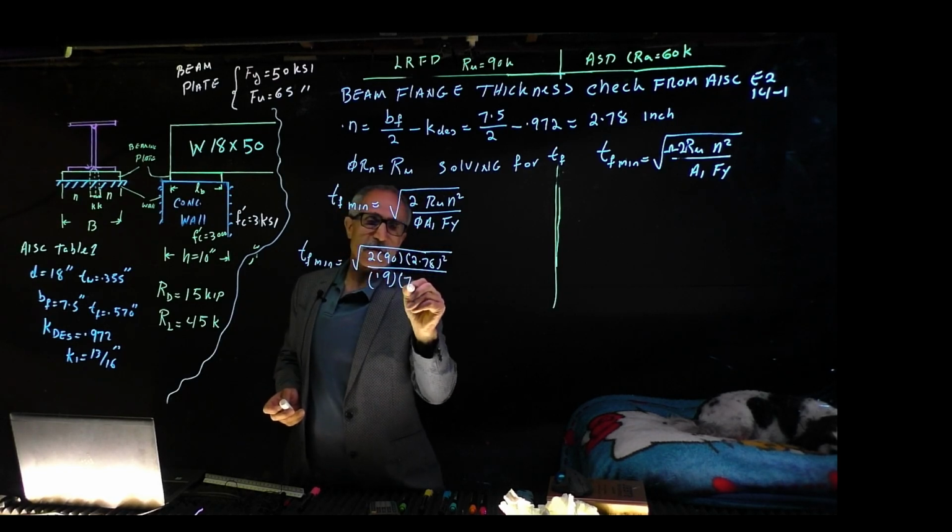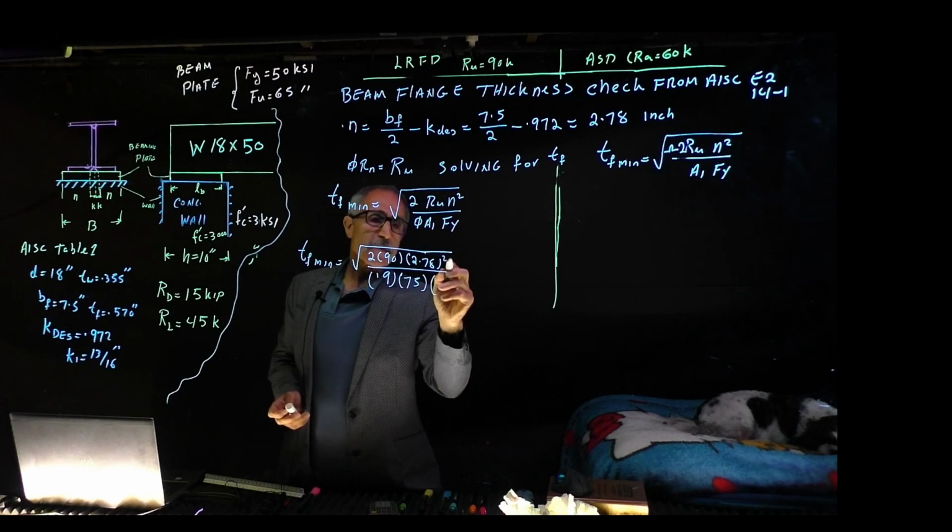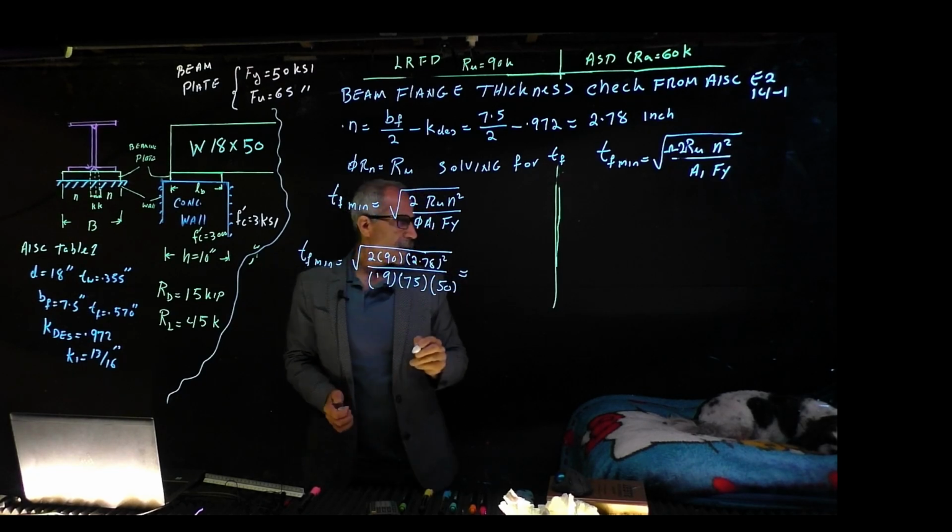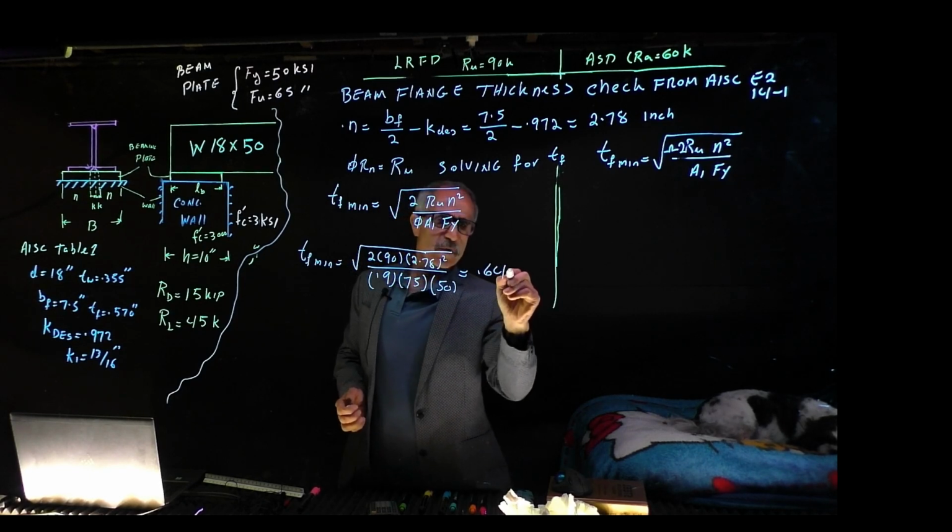A1 was 75, if you remember, and then times Fy, which is 50. And that's equal to 0.642 inch.